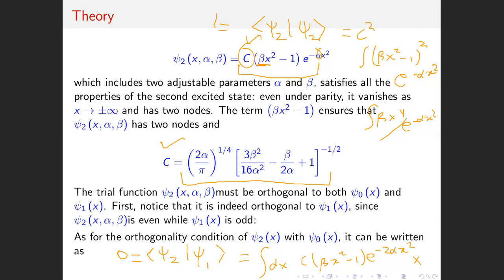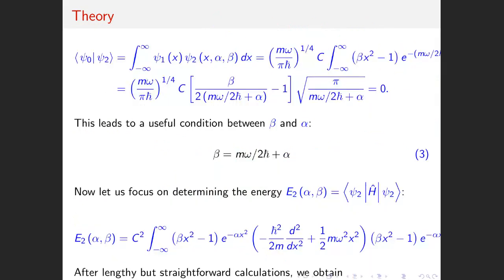Let me see, why not an x? Let's see, psi 0 didn't have any x dependence. So do this integral and see what you get. I think this will determine maybe the alpha. Okay, it determines the relationship between beta and alpha, right?